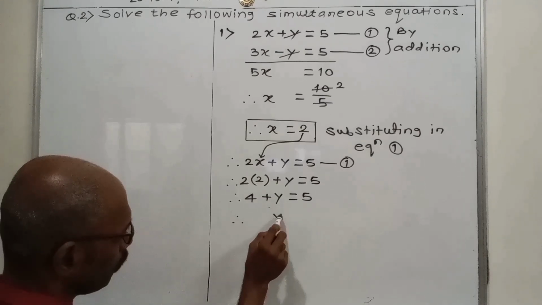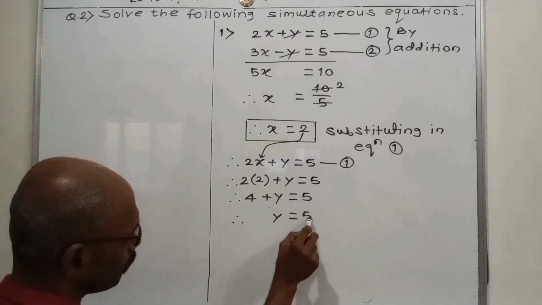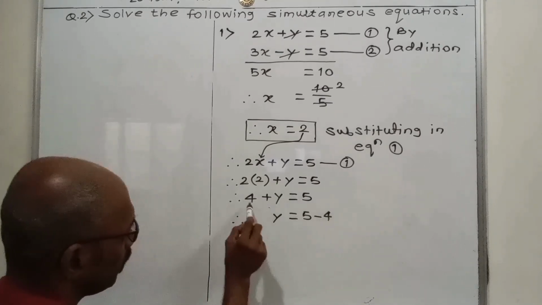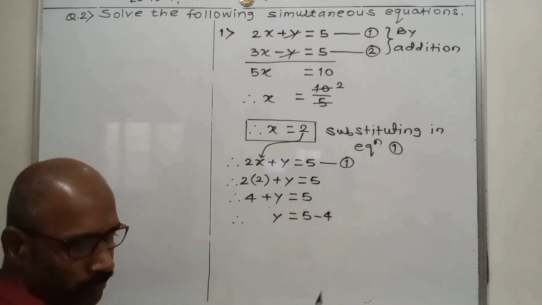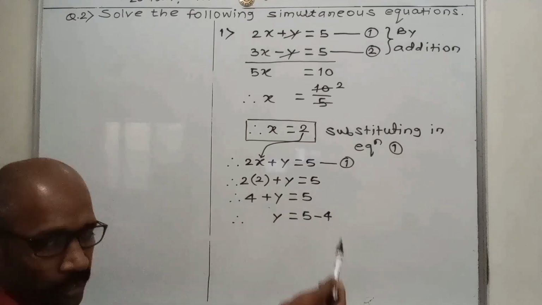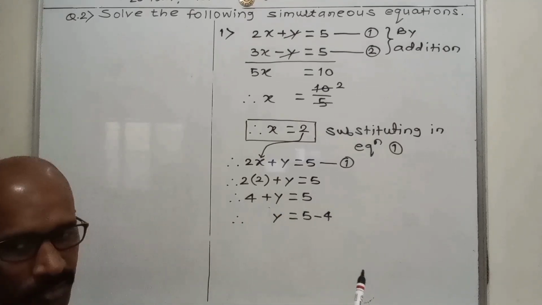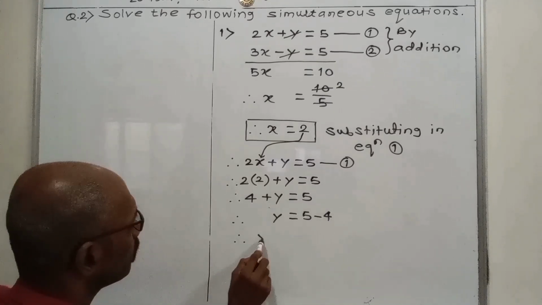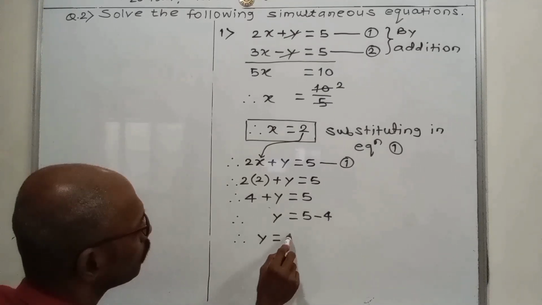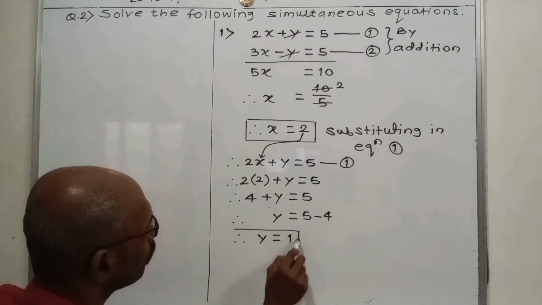Therefore y is equal to 5 minus 4. Like terms. When we take this plus 4 to the right, plus becomes minus, minus becomes plus. Did you get it? Therefore y is equal to 5 minus 4, 1.